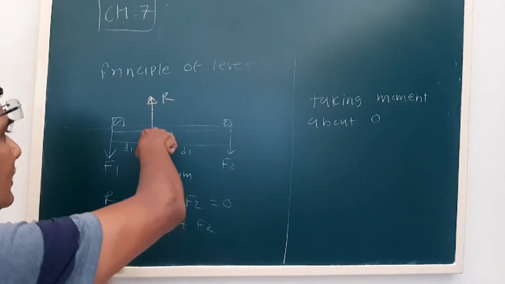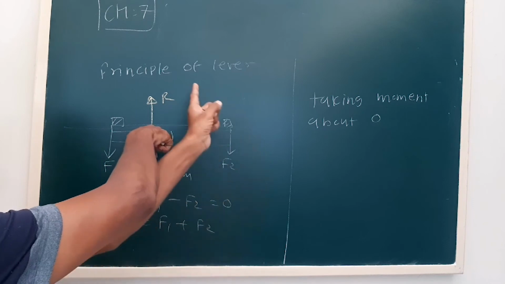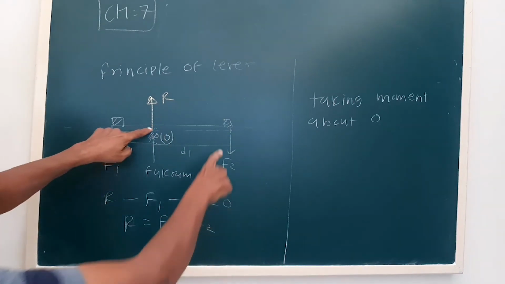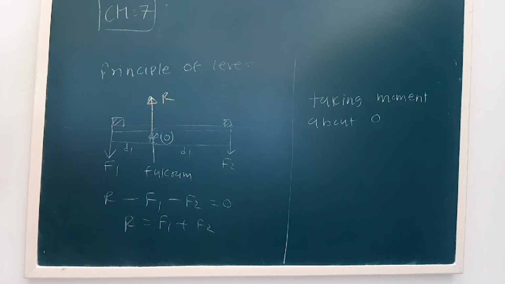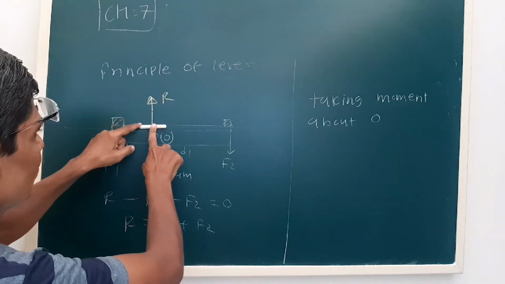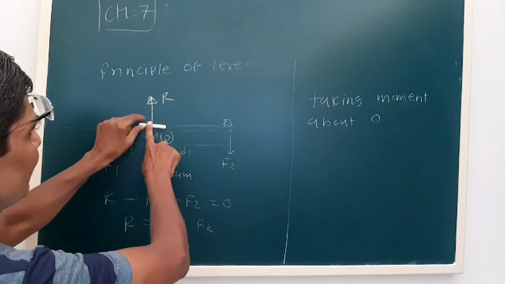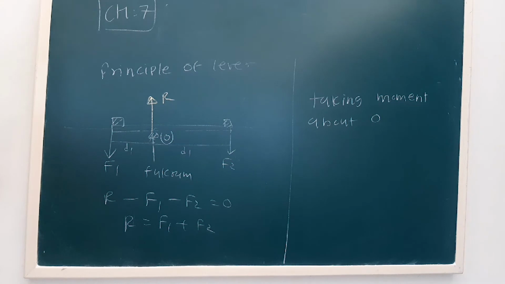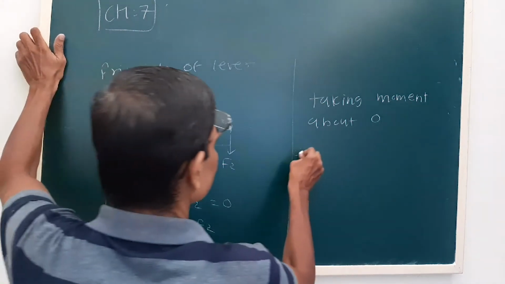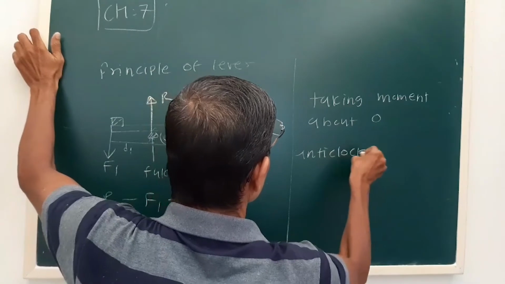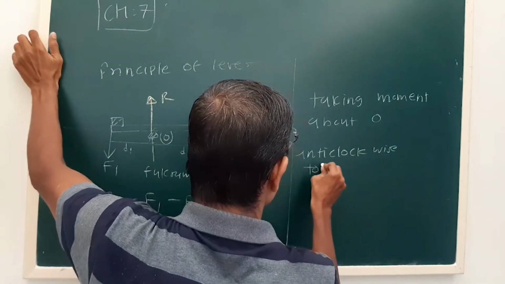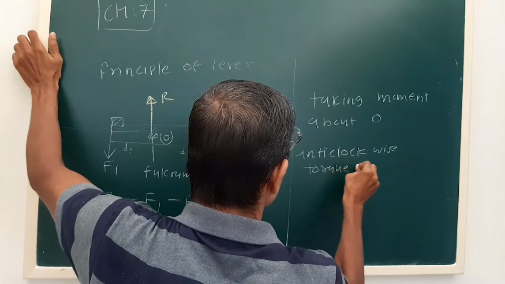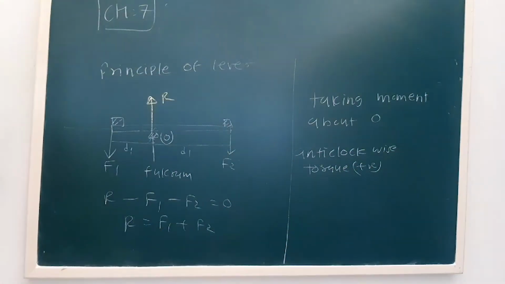This force F1 will try to move the fulcrum in the anti-clockwise direction, and this force F2 will try to move it in the clockwise direction. By convention, anti-clockwise torque we consider positive, and in the opposite direction we consider negative.